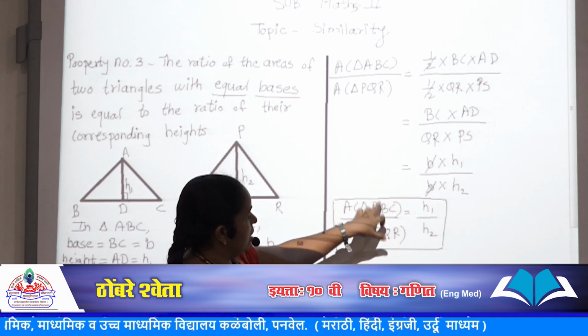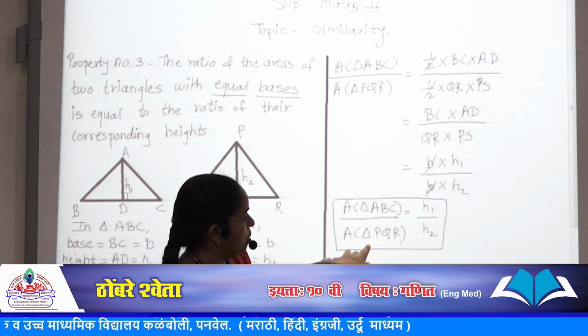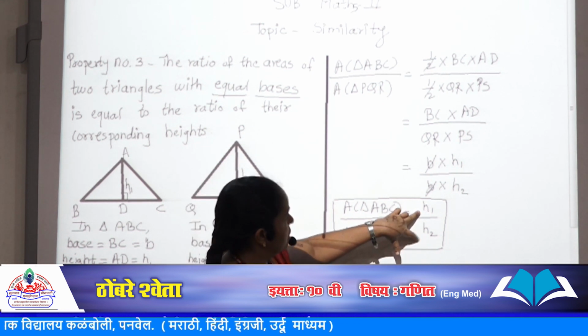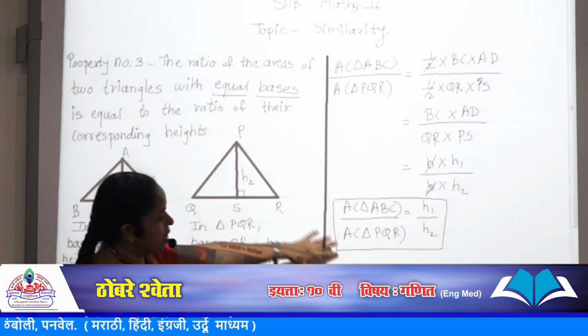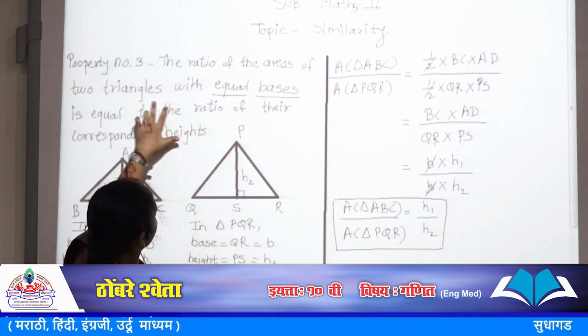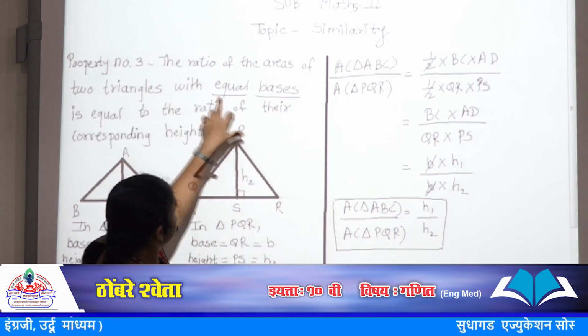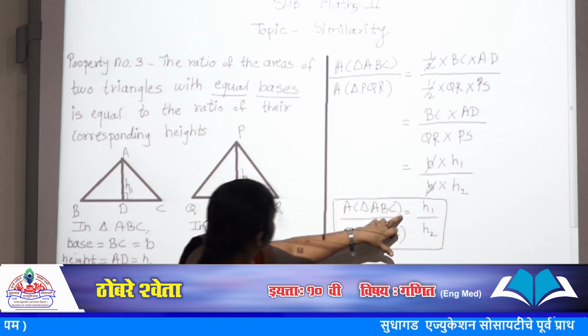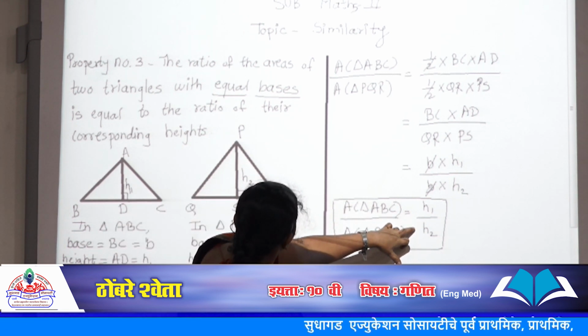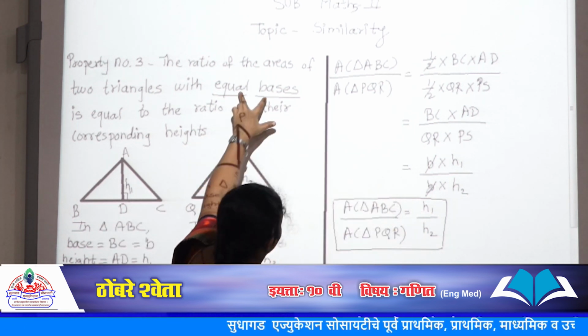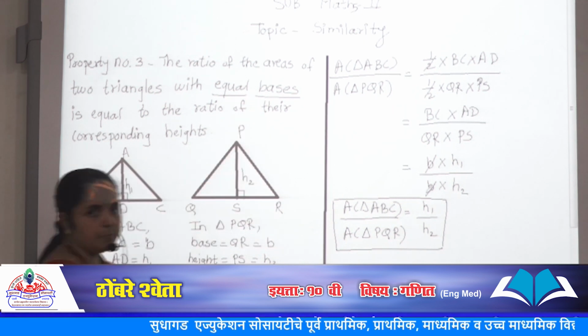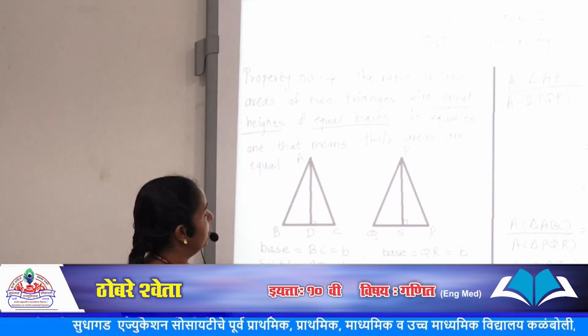Area of triangle ABC upon area of triangle PQR is equal to H1 upon H2. That means here our property gets fulfilled. The ratio of the areas of two triangles is equal to the ratio of their corresponding heights when we have equal bases. Now let us see property number 4.